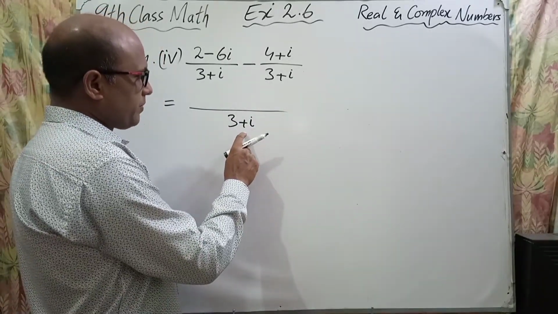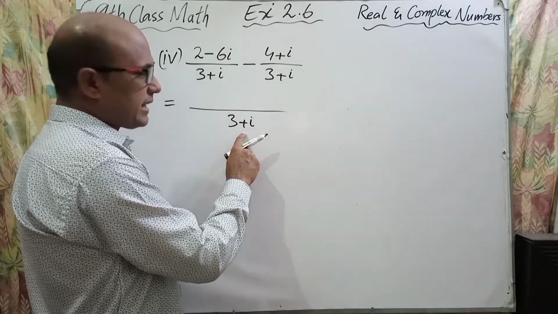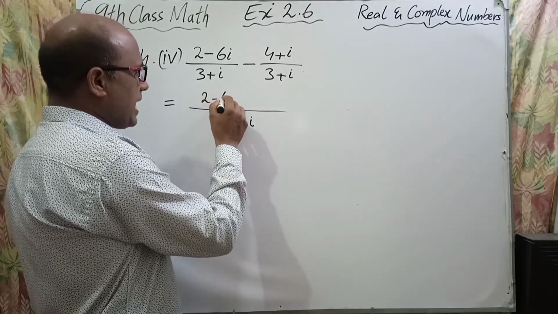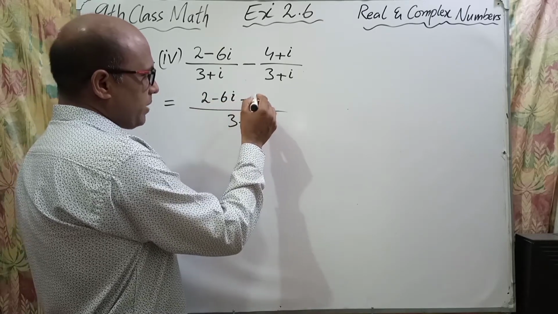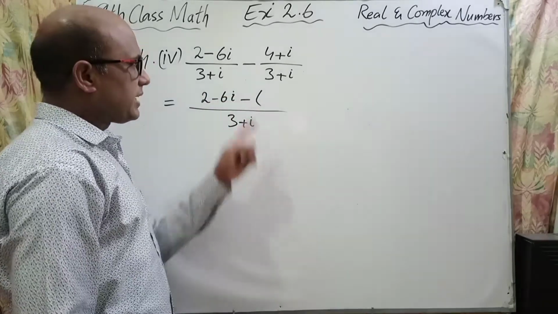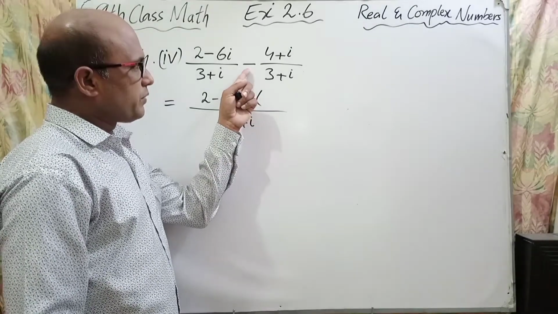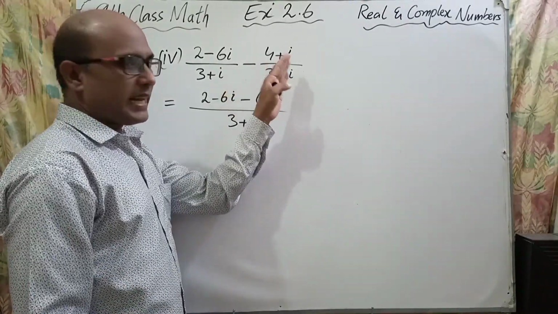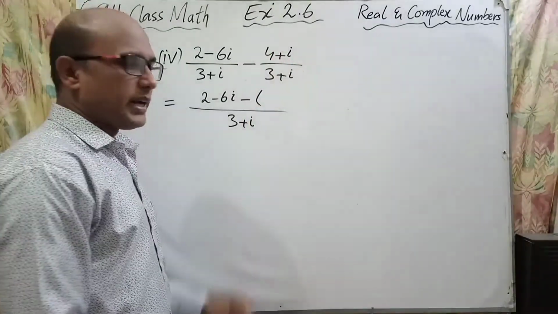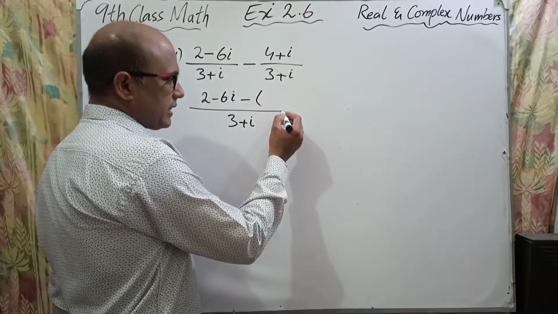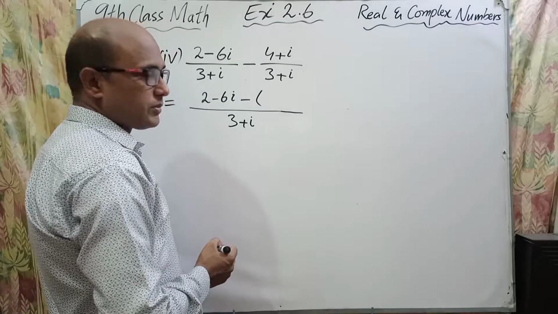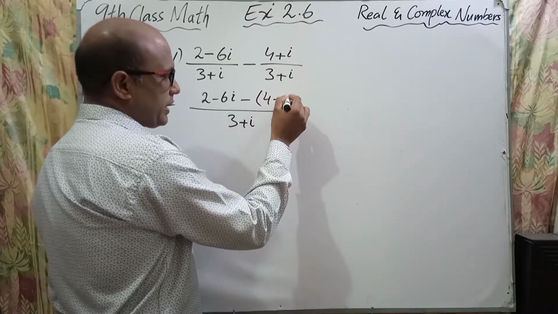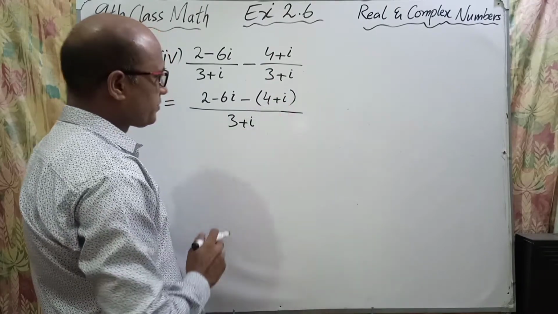So students, when the denominator and the LCM are the same, then the numerators are written the same. But if there is a subtraction sign between two fractions, then the second fraction's numerator is written in a bracket. Students, 4 plus iota will be written within the brackets.